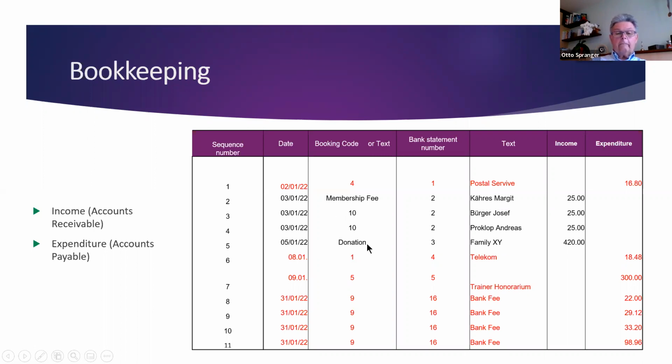Here you see you have a donation on the 5th of January from a family with 420 euros. And here you see some expenditures on the 8th of January for telecom, 18 euros 48, for a trainer honorarium, 300 euros, bank fees.